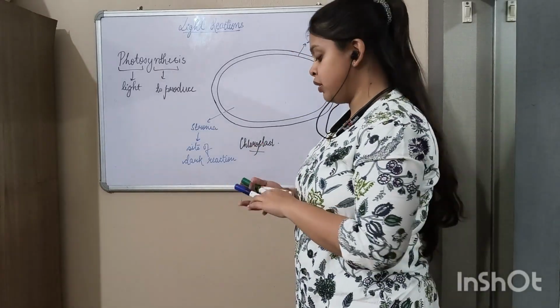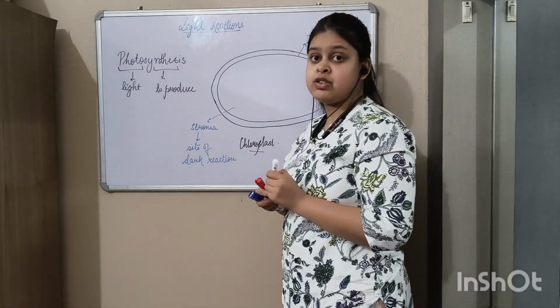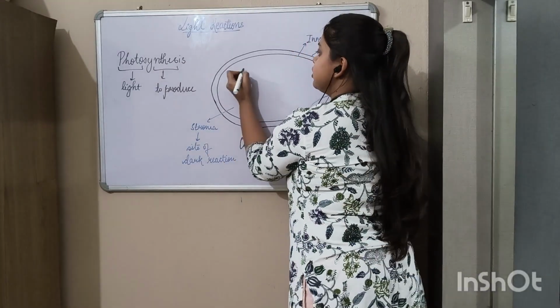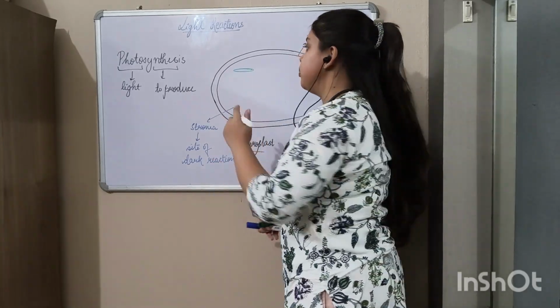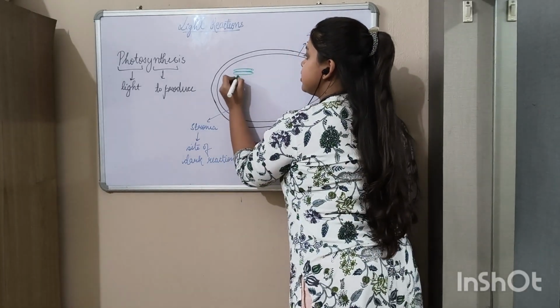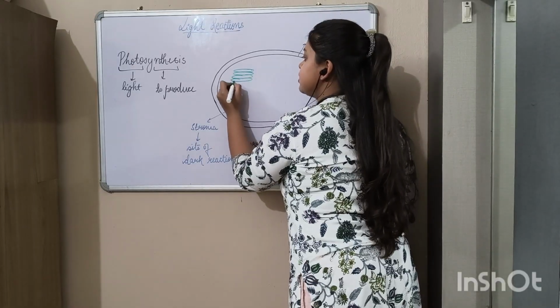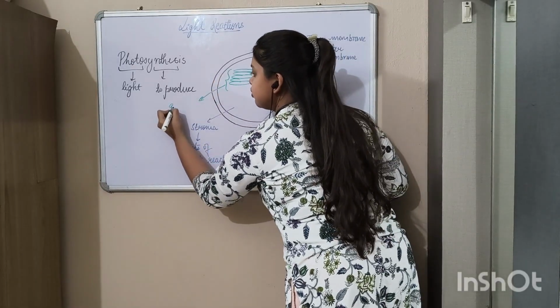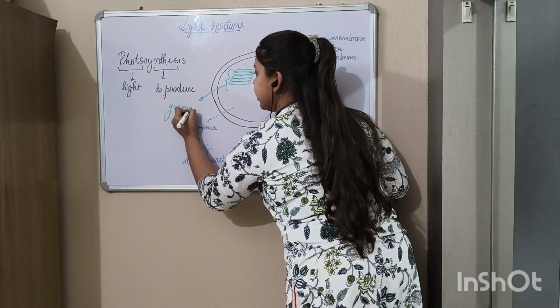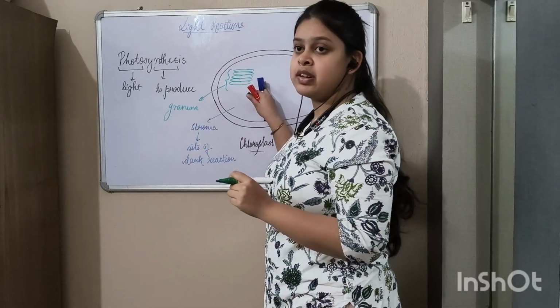Inside the stroma, we have vesicle-like structures called thylakoids. These thylakoids are stacked together, and this stacking is called a granum. Singular, it is called granum.